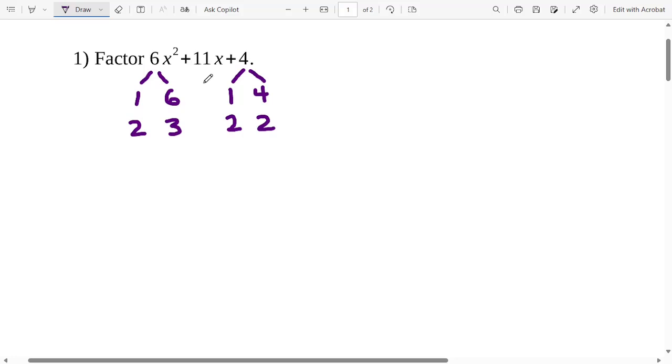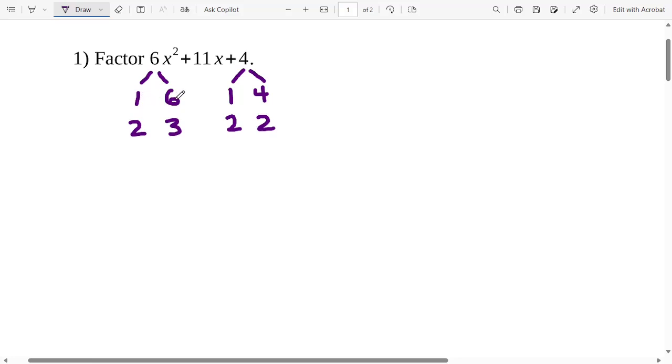So, for instance, in this case, if I were trying out numbers and I tried 6 times 4, that would give me 24. If I add that to 1 times 1, that gives me 25. It's way too high. If I do 6 times 1, okay, that's 6 plus 1 times 4, which is 4. 6 plus 4 is 10. It's close, but close doesn't do it. It has to be exact.